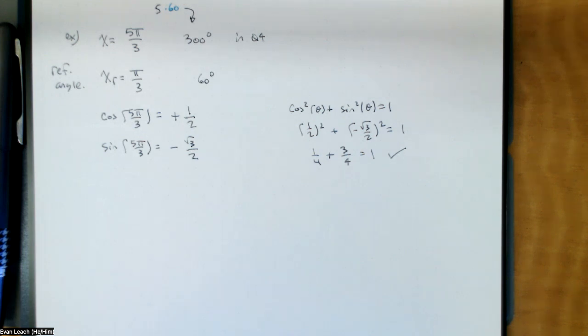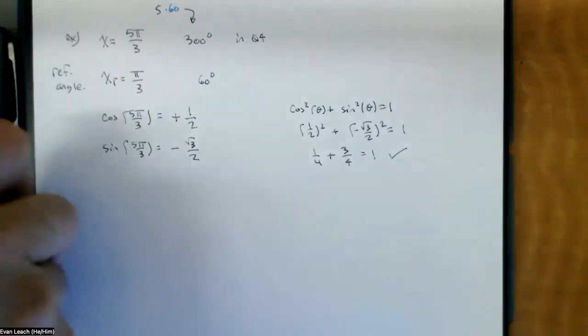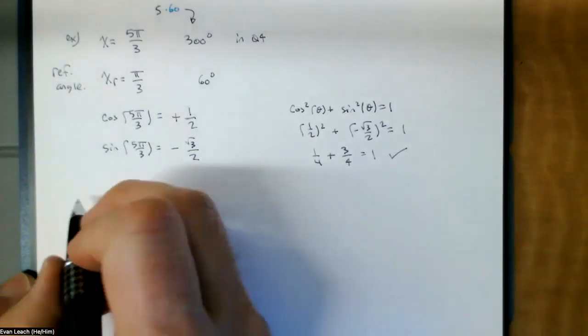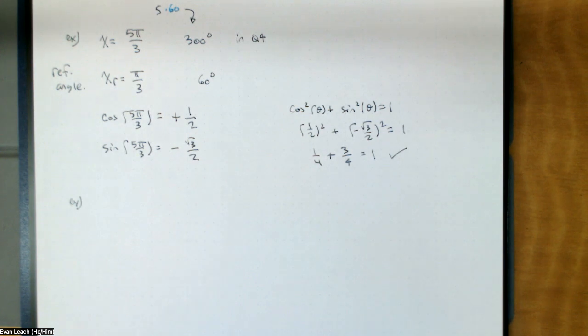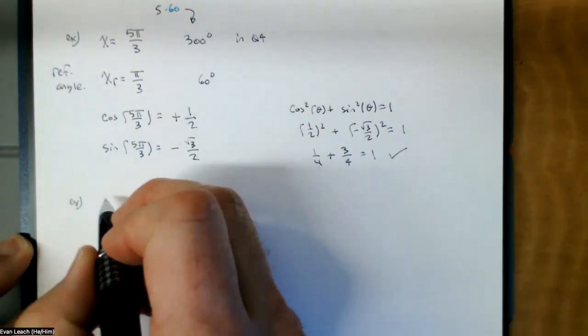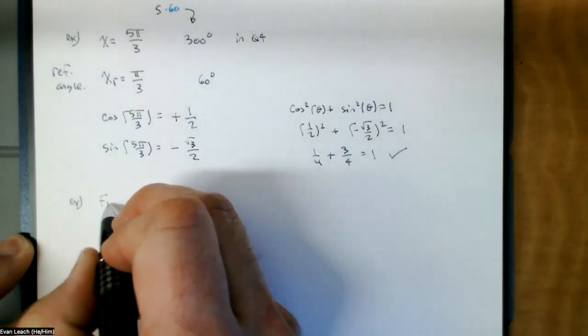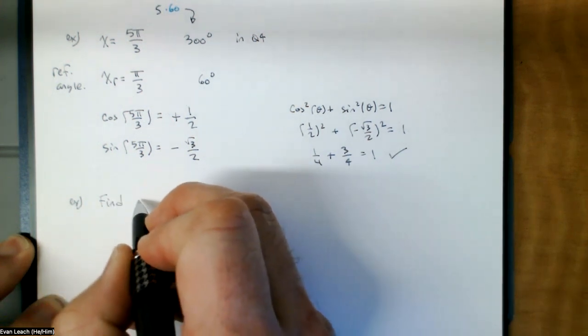In these last two examples, I handed you an angle, and then we asked for stuff about that angle. But we want to have random access. We want to be able to come in from any point. So let's suppose that I say find theta.